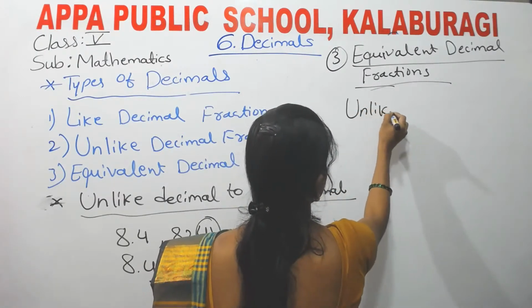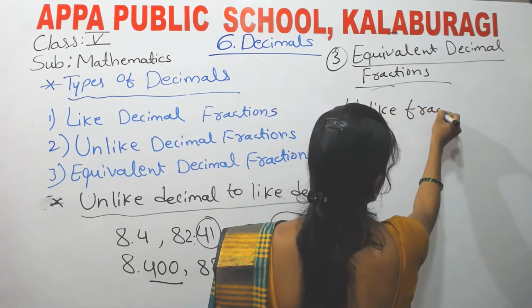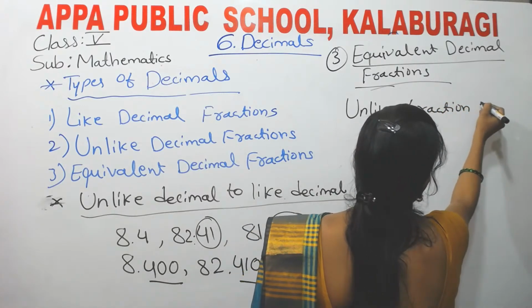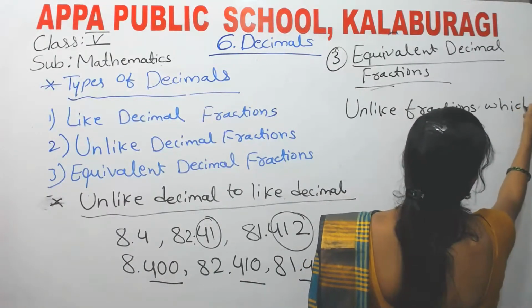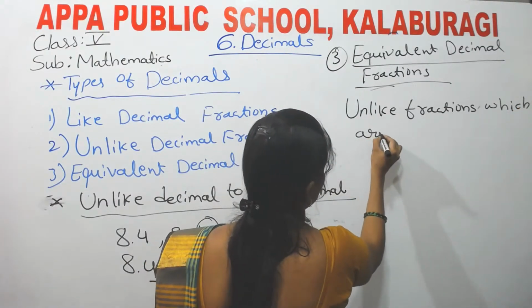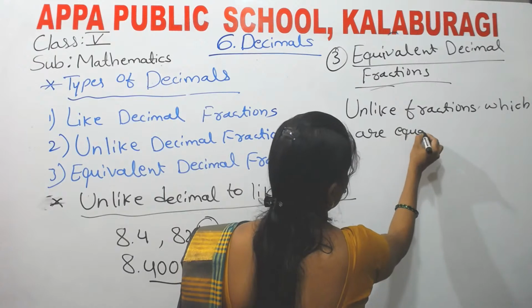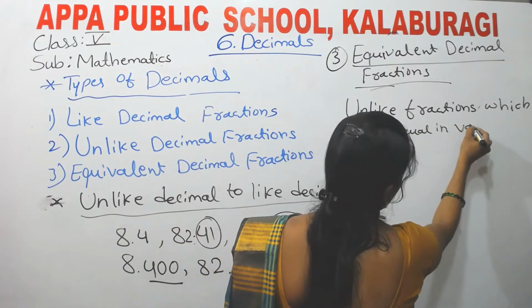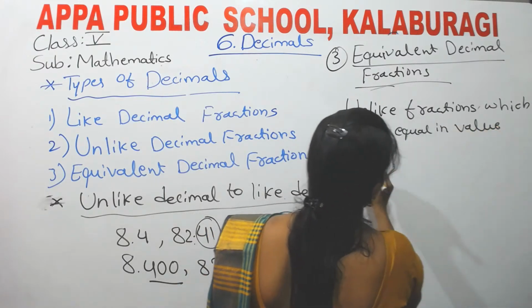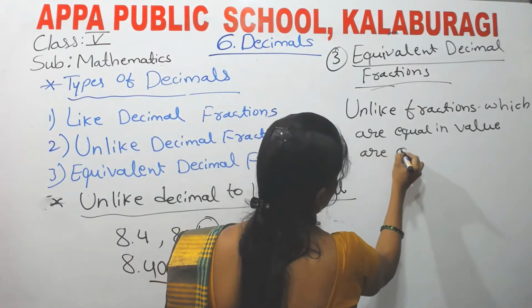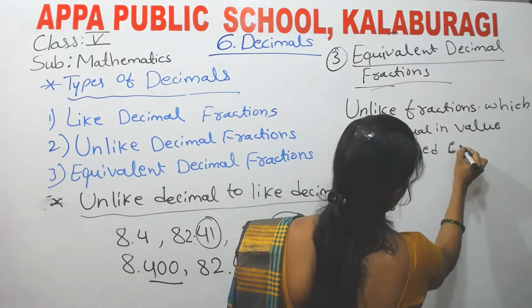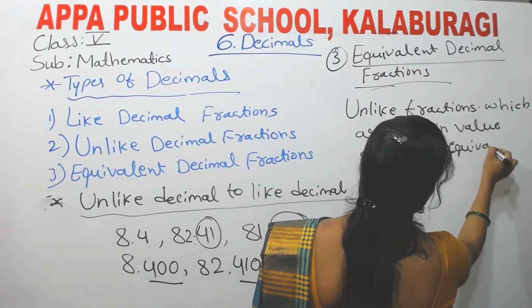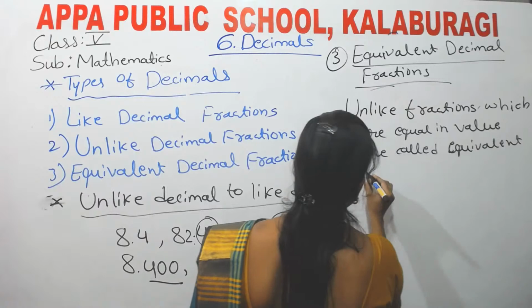Unlike fractions which are equal in value are called equivalent decimals.